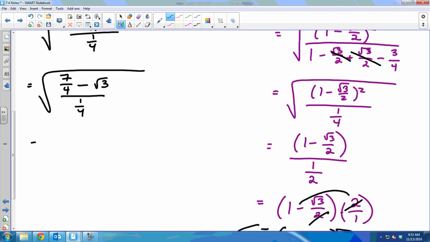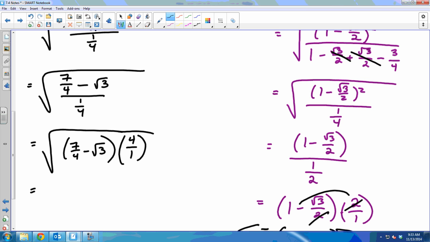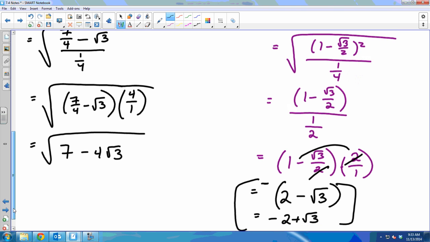I'm just doing it the way I did it, so you can see there's different answers. Multiply by 4/1. So you get 7 minus 4 square roots of 3. That's equivalent. It's just not what it will look like otherwise.